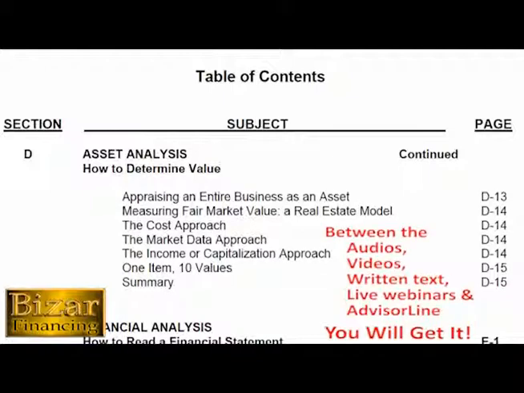And it's a matter of osmosis. If you're good at this, you won't have any problem with it. If you're one of those folks who struggle with it, you will get it through osmosis. Just read it. Try to understand it. And if you really can't get your arms around something, we have an advisor line. Call us. We'll help explain it to you. If there's something that, no matter how many times you read it, doesn't make sense, it's okay.